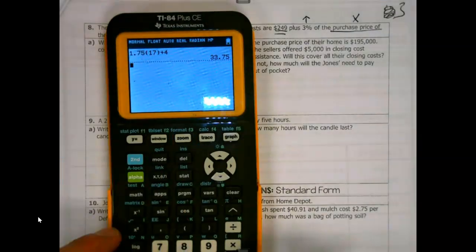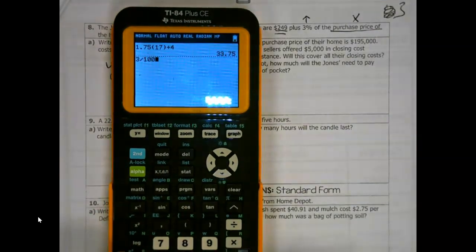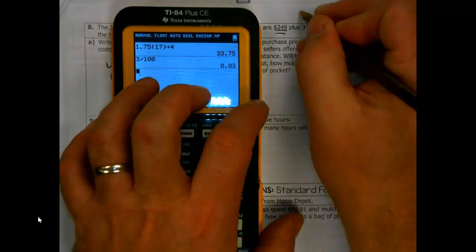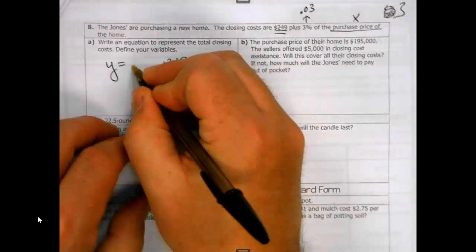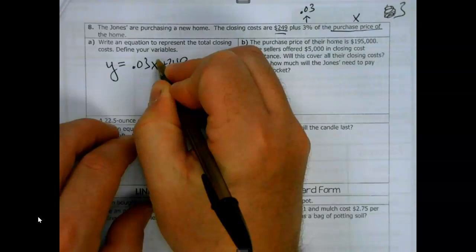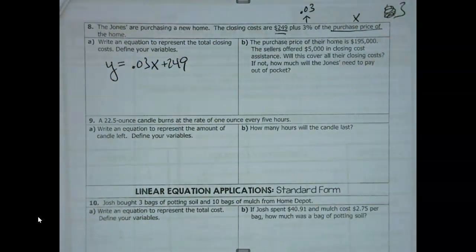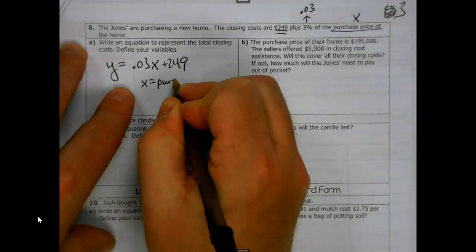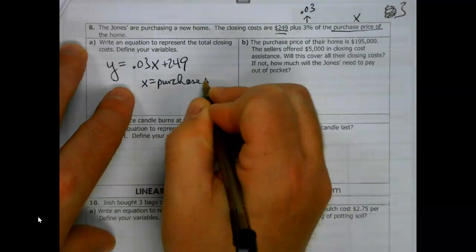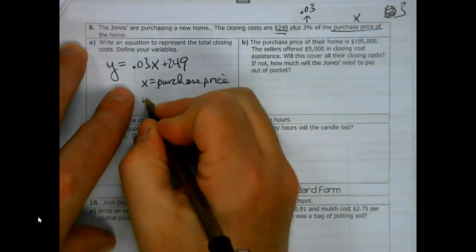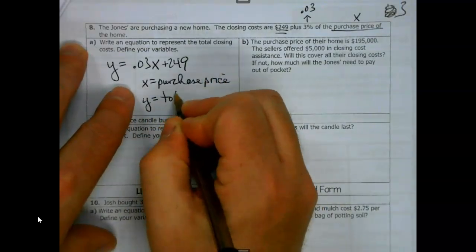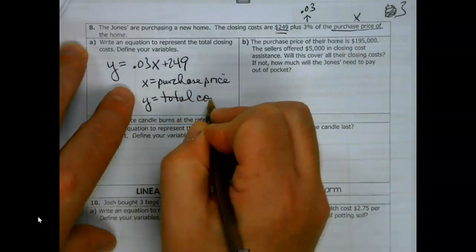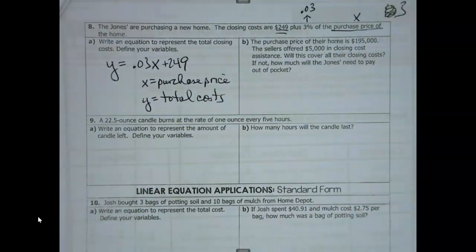I'm sure somebody has figured this out at this point. Divided by 100. Okay, I got to do the 0.03 though. So here, x would be the purchase price. Y, again, is going to be the total cost. We're going to see a kind of a pattern here develop with that.